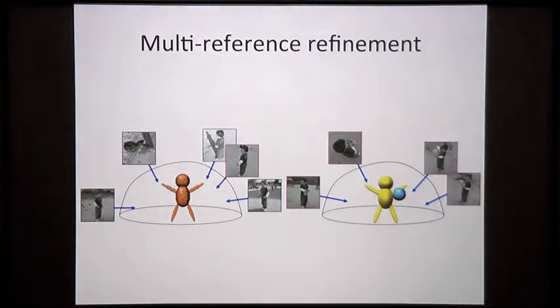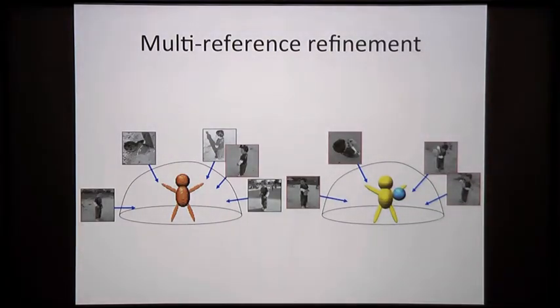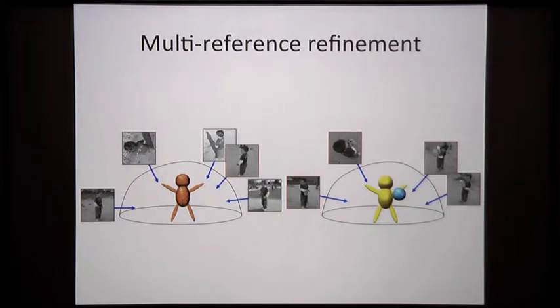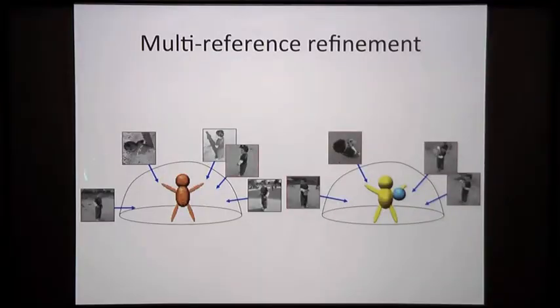The way that works is very similar to the 2D approach, where rather than one three-dimensional reference, we now have two three-dimensional references. And again, if we do this in the maximum likelihood way, then every particle could contribute to both of them, in all possible orientations, with a given probability. We just start with some initial model.